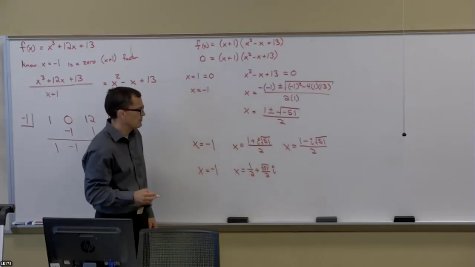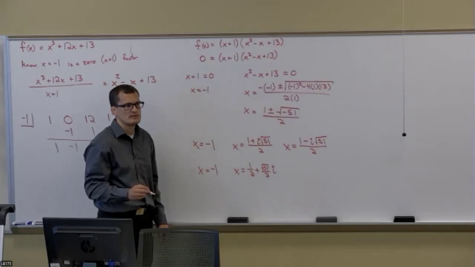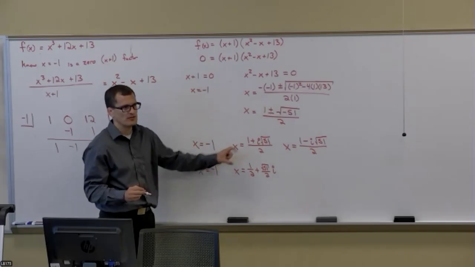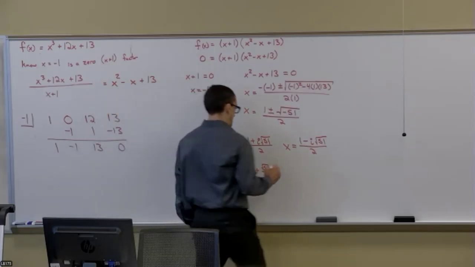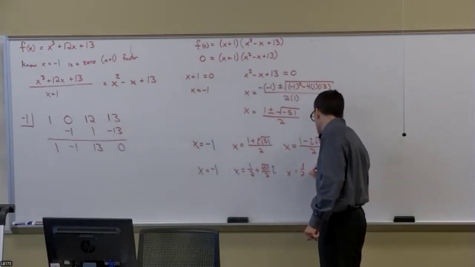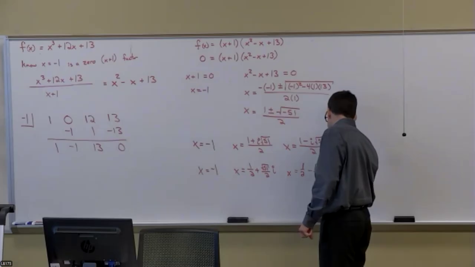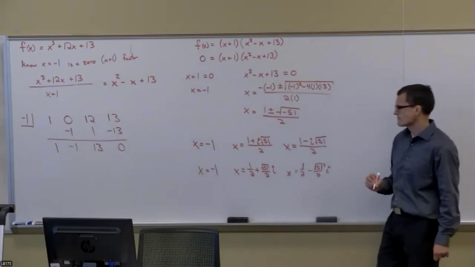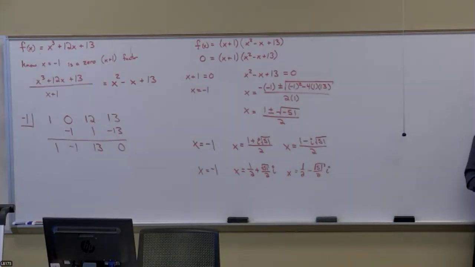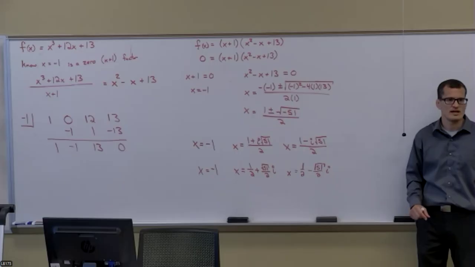That's 1/2 plus root 51 over 2 times i. You divide each piece by 2. And this is 1/2 minus square root of 51 over 2 times i. And if you wanted a decimal approximation, then you can just use the decimal approximation, whatever that happens to be.